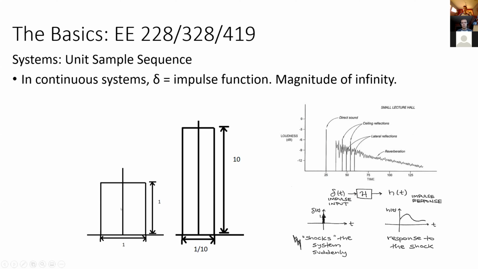You take a box that has an area of 1, and then we shrink the width of that box by 10 and multiply the height by 10. Just imagine you keep doing that. Eventually you get something infinitely narrow and infinitely tall, but the area of it is still 1, right? And that's what's used in continuous systems.